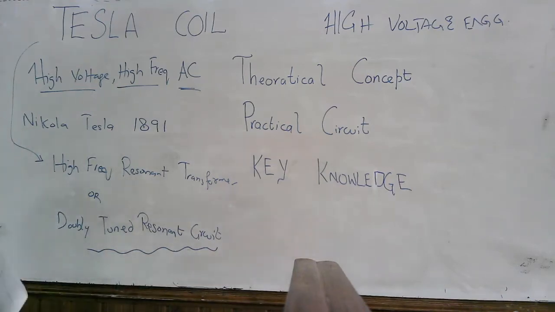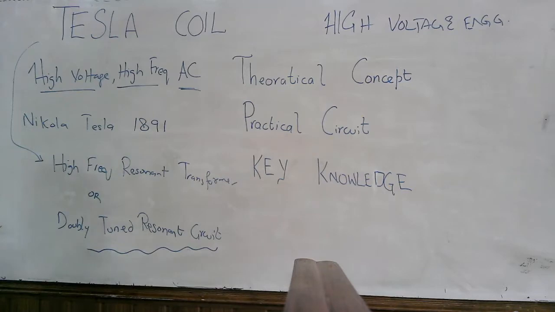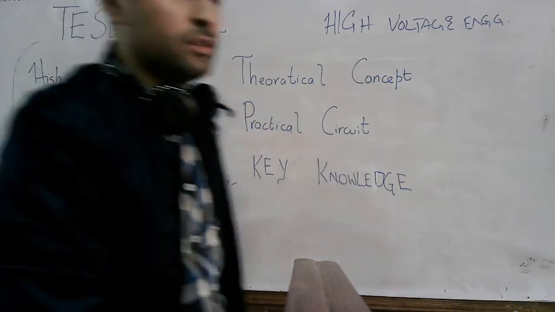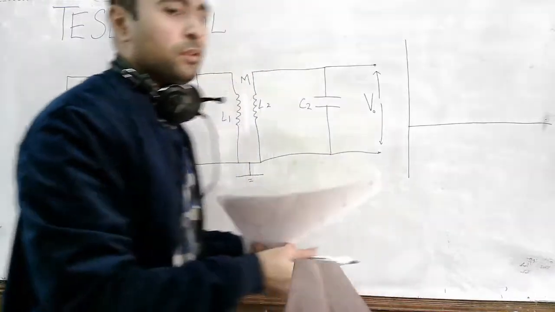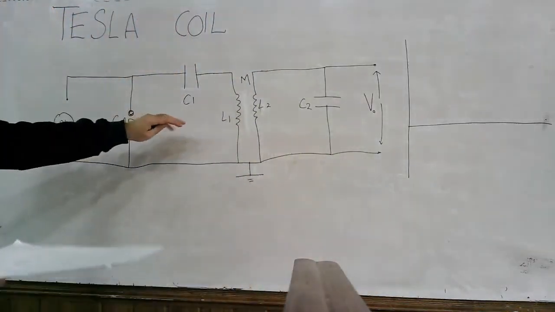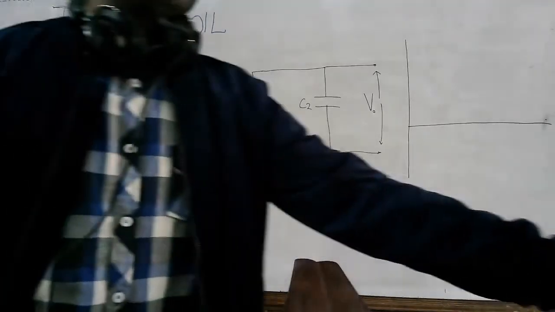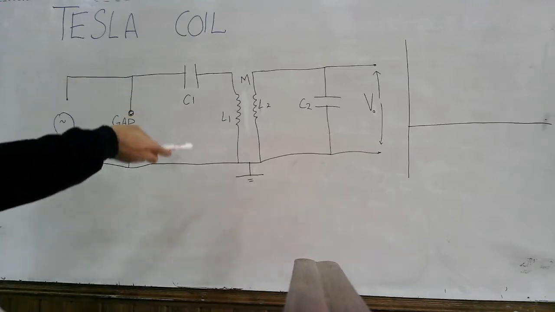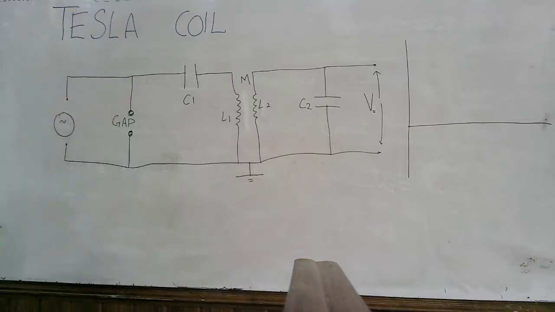Now I am going to draw the basic circuit representing the experiment of Nikola Tesla, and we will lead from that circuit to the practical knowledge or the practical concept. So here we have the basic circuit of the Tesla coil experiment, proposed by Nikola Tesla in 1891. This is the experimental setup which you would use in your lab for the practical demonstration.